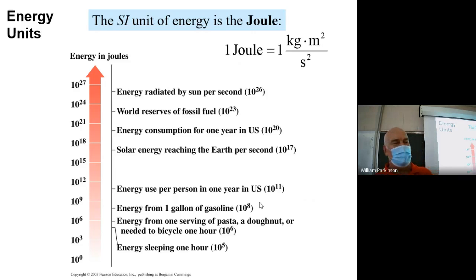So as we all know, no one has ever claimed that sleeping for an hour was a great way to get exercise. But according to this scale, it takes 100,000 joules of energy for you to just lay completely still at rest. Well, not completely still, we know what I mean, but to lay at rest for 1 hour.